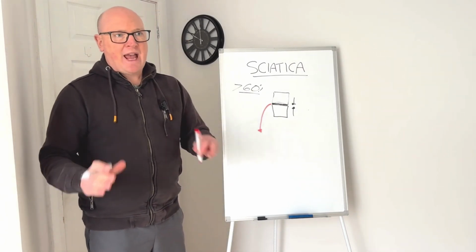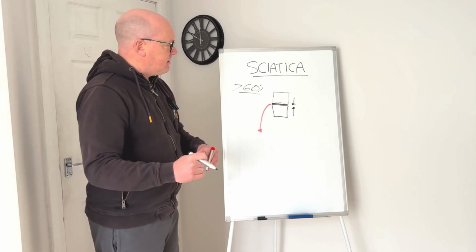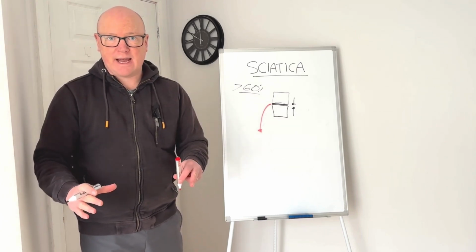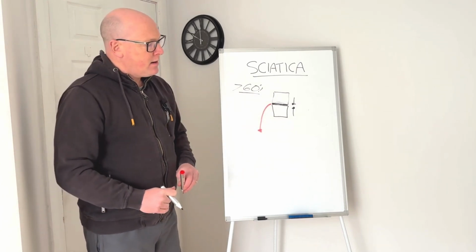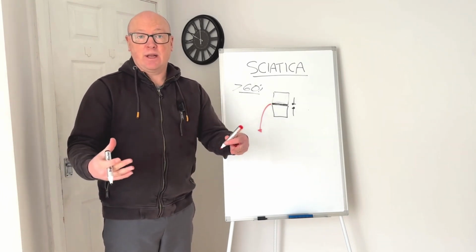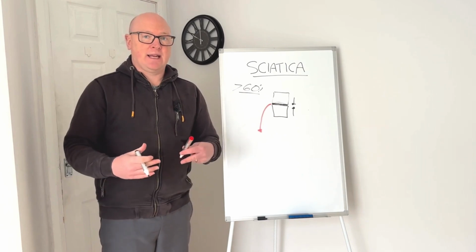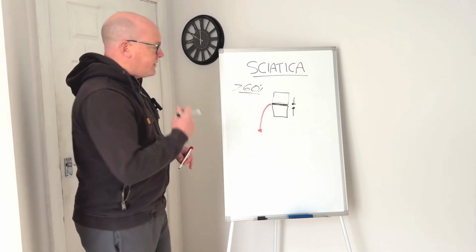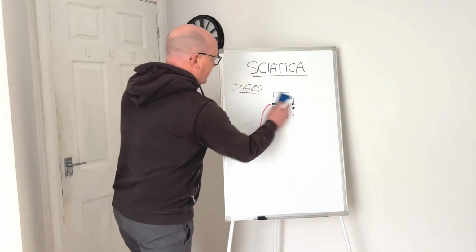So can one exercise solve sciatica? Well, it depends on what the cause of sciatica is. If it is a disc problem, which is the first thing we looked at, then it's more likely that you get increased pain with bending. So we'll make a note of this.